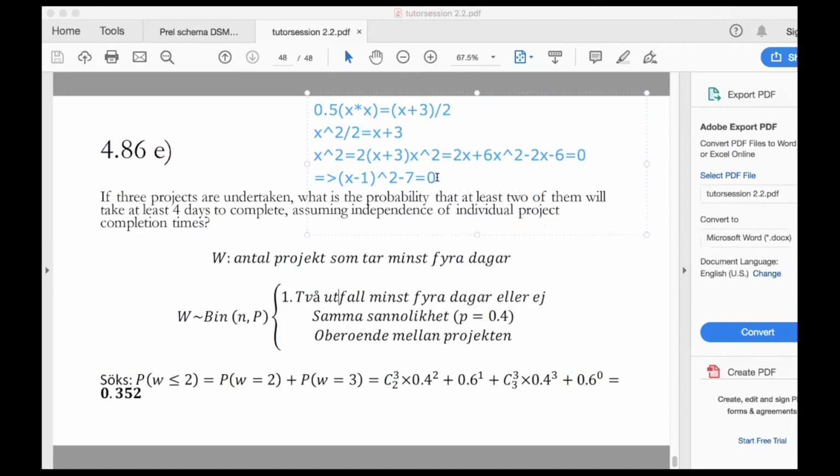And then you can rewrite it with the square root. x will equal 1 plus or minus the square root of 7. So this is the solution. The arms of the triangle will be 1 plus the square root of 7. Yeah, that was a little extra.